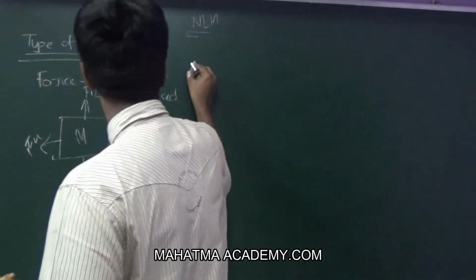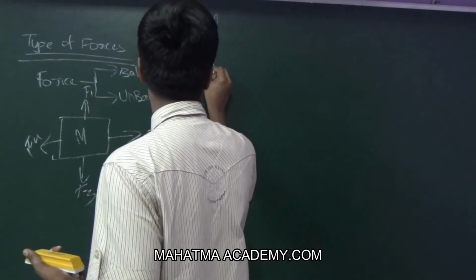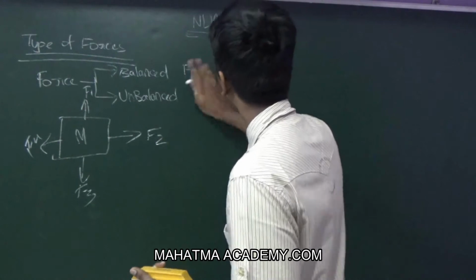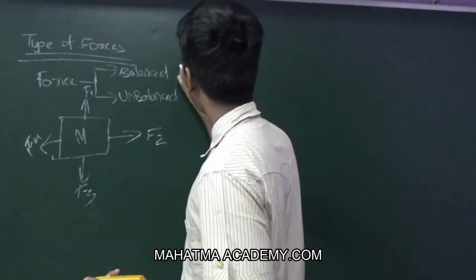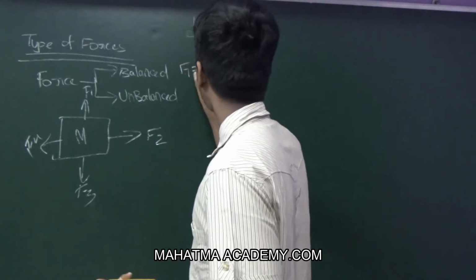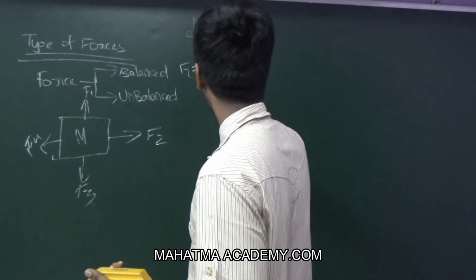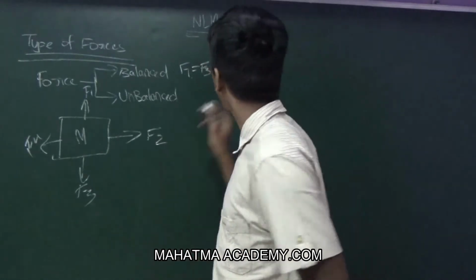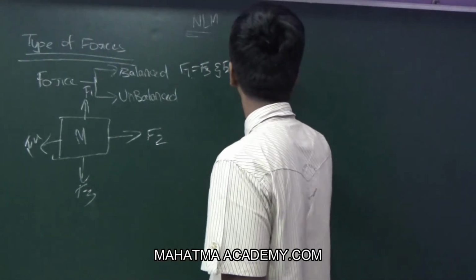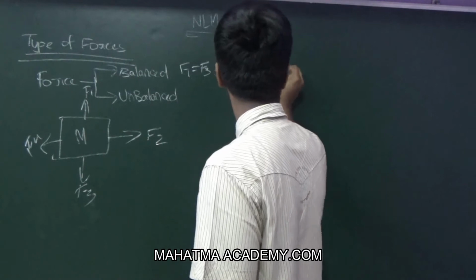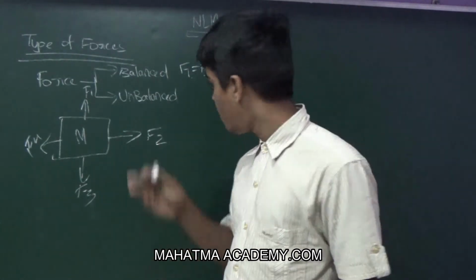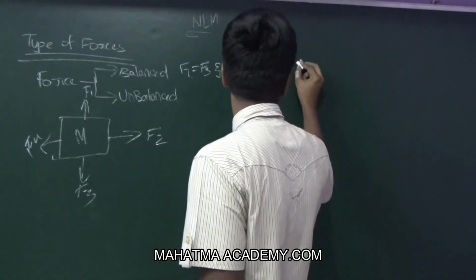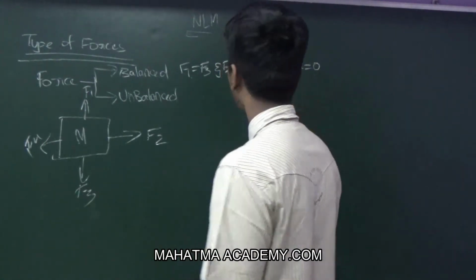Now for the balanced force, F1 is equal to F3 and F2 is equal to F4. So net force will become 0. F net is 0, and if F net is 0, then acceleration is 0. A is equal to 0.